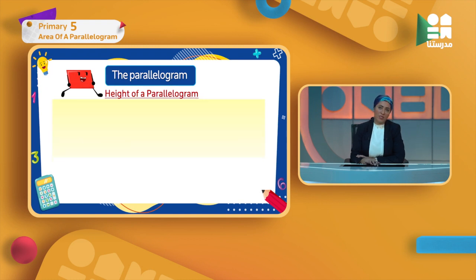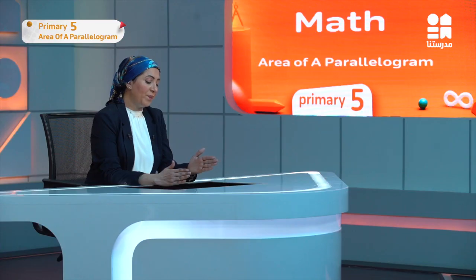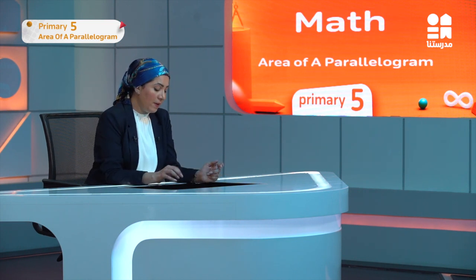Do you remember in the first term when we talked about the height, and we said that the height is a line segment dropped from a point to the corresponding base or side? So the height is a line dropped from a point or vertex of a shape onto the opposite side, the side right in front of it. Okay?